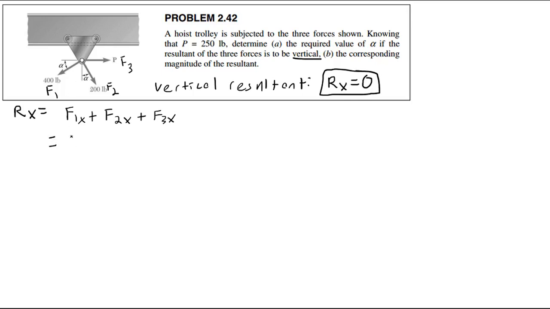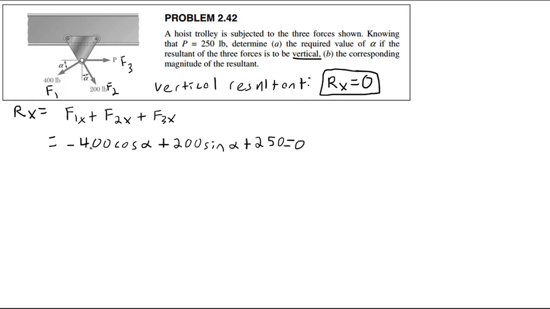So F1x here is going to be negative 400 times the cosine of alpha, plus 200 times the sine of alpha, plus P, which is 250, which is then equal to 0.